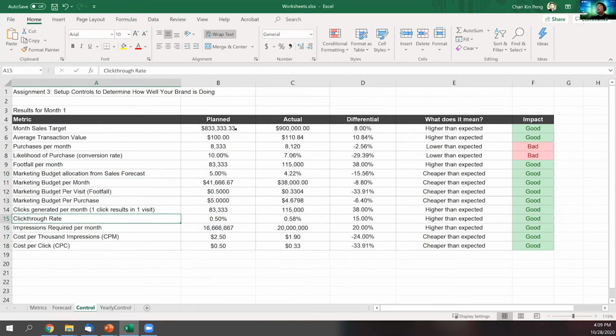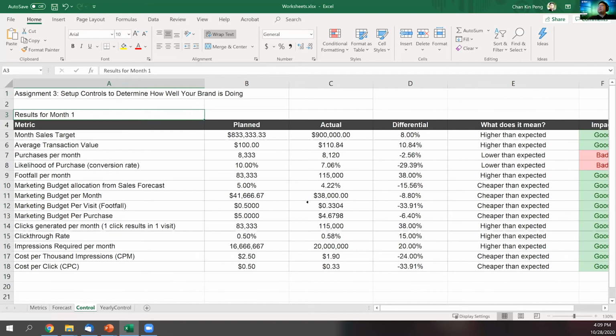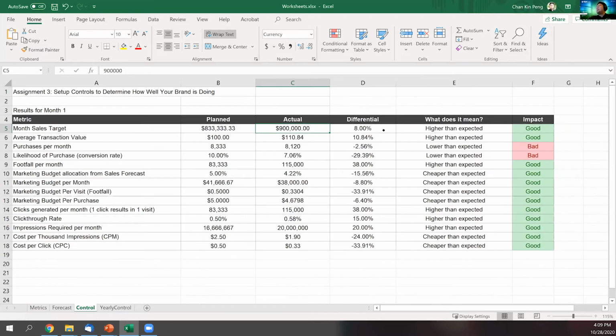If your monthly sales target was, let's say, 833K, but through your documentation, you realize that, hey, we generated 900K sales instead. So this is basically an 8% incremental uplift against your minimum requirement. So what does it really mean to the organization? It means that your sales was higher than expected, and this impacts the company in a good way.